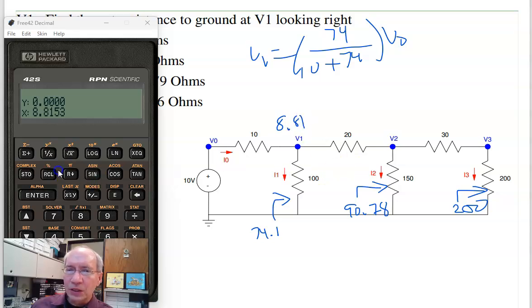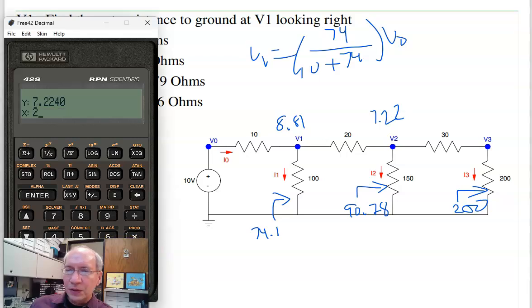Now let's do recall O2. That resistance, enter, 20 plus, that's the denominator, there's the numerator, take the ratio, that percentage of 8.81, 7.22 volts.